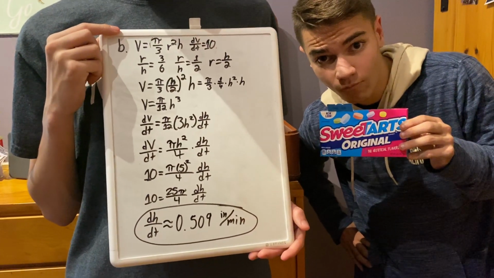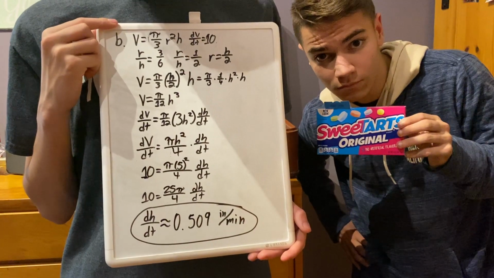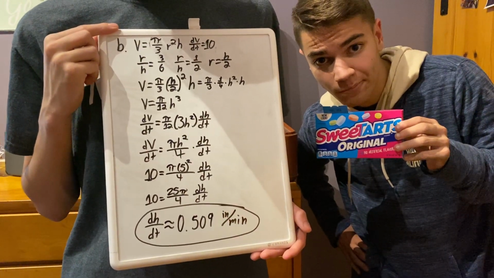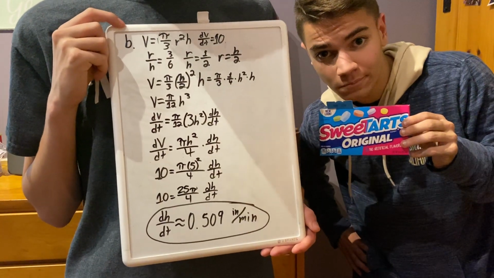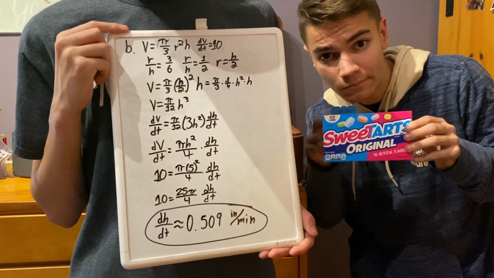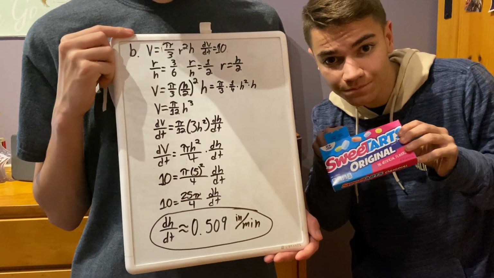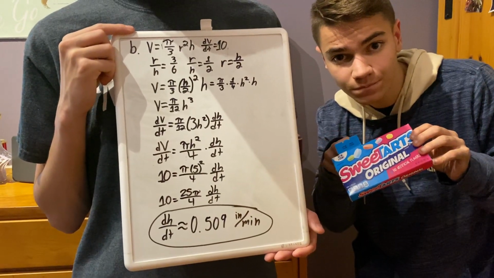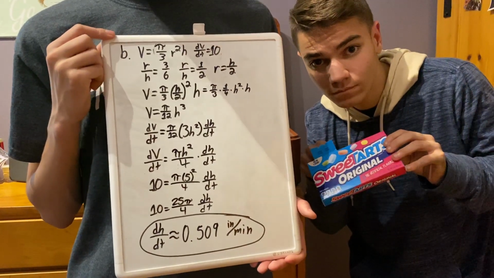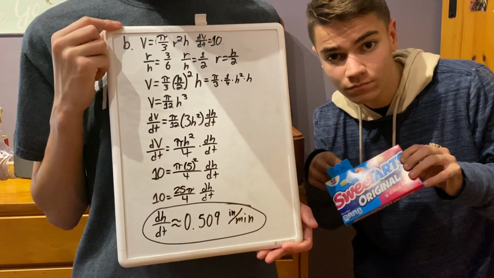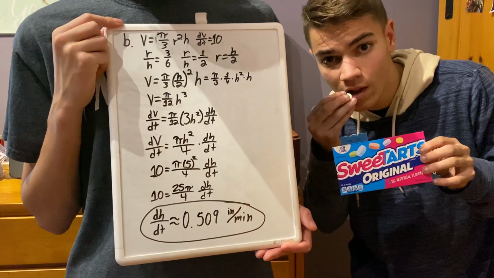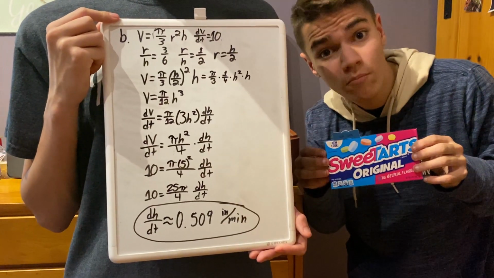We can then simplify that down to pi h squared over 4 times dh dt, and we can then plug in 5 for height, giving us pi times 5 squared all over 4, which then goes to 25 pi over 4, which we can then divide 10 by 25 pi over 4, giving us 0.509 inches per minute.